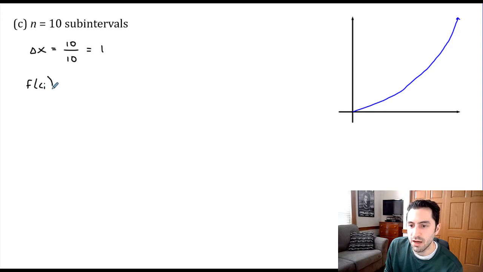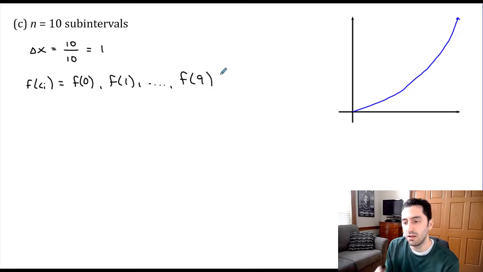And then the height of each of these rectangles is going to be at the leftmost point, so f of 0, f of 1, and so on, all the way up to f of 9. Our last subinterval is from 9 to 10. The leftmost point there is 9.